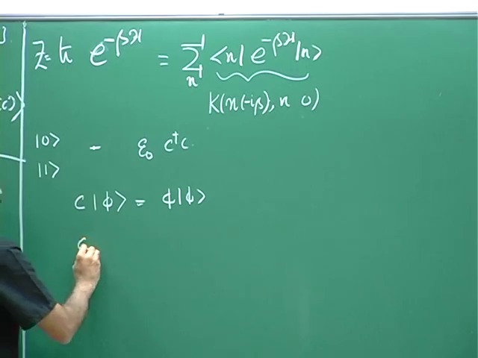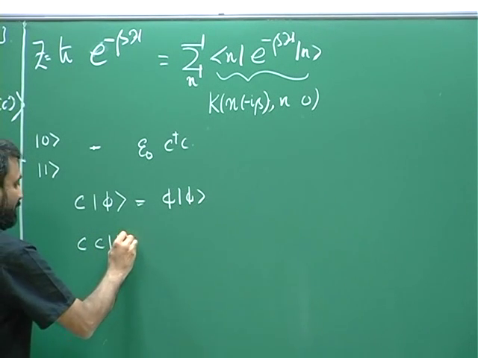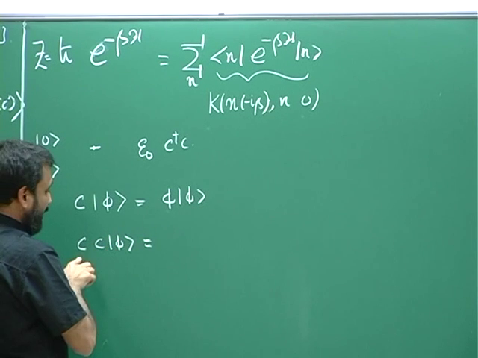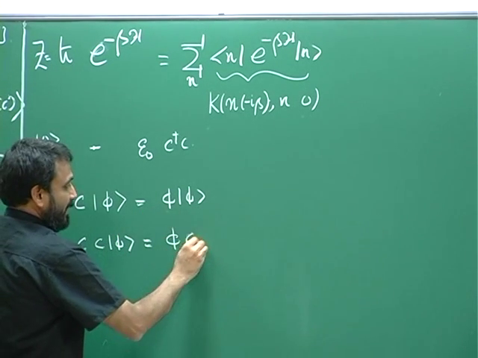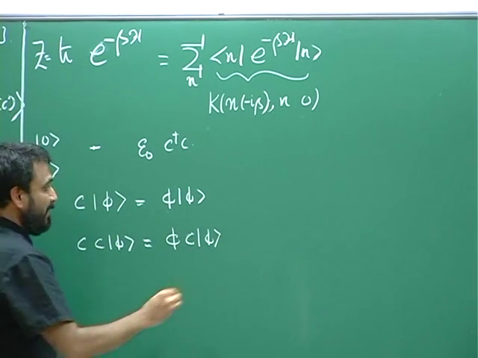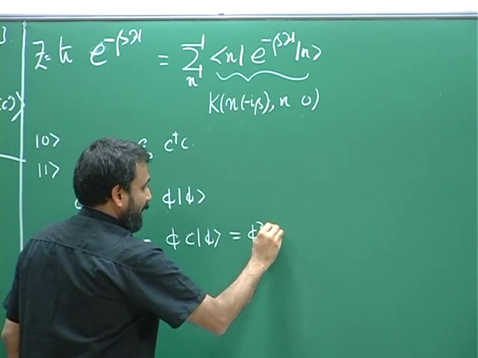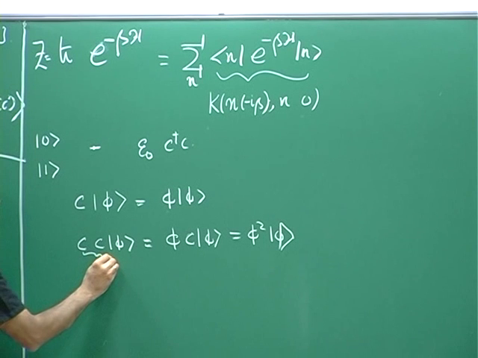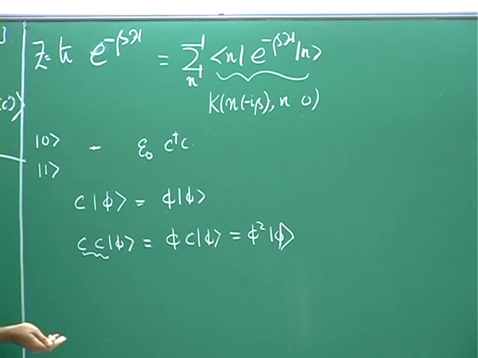And the problem is the following: if I do another c on this, and if this were a complex number, then the second c will slide through that, and then you would hit this, right? And that would give me phi squared. And this object, because it's fermionic, is already 0, right? So that would mean that phi squared is 0, and then there's nothing for us to do actually, right? Okay, so there's a problem.